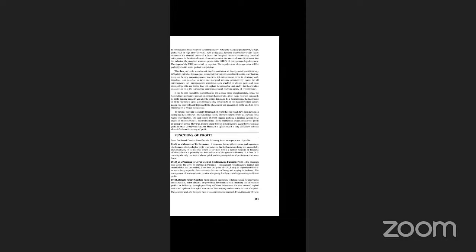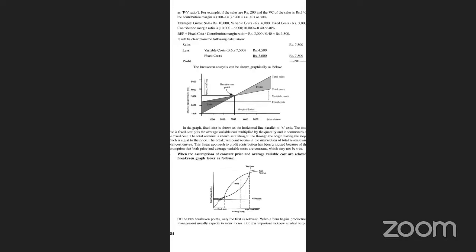And similarly, we have profit concept and analysis, wherein cost, economic profit, and theories of profits are there. All these functions of profits, and how profit functions can be analyzed through CVP, that is cost and volume. So you can see here, this is the break-even point. This is the break-even point, which is no profit and no loss.